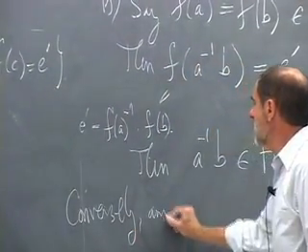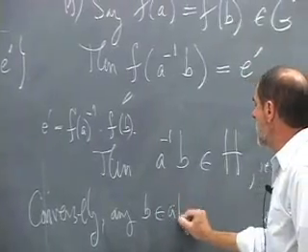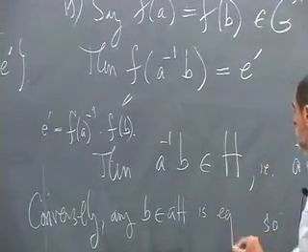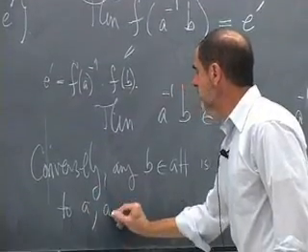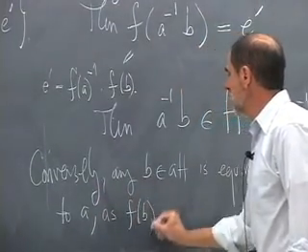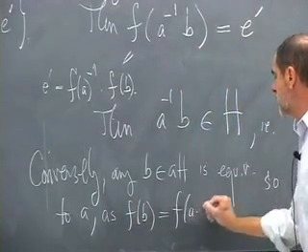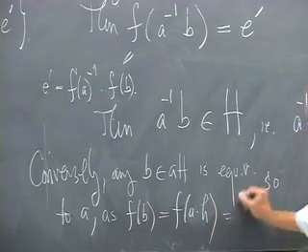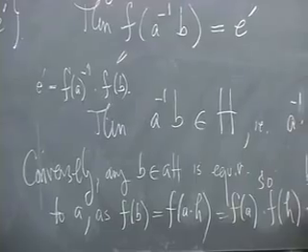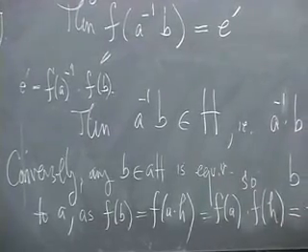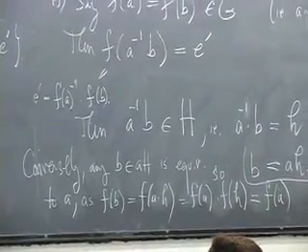Conversely, any b in aH is equivalent to a, as f of b is equal to f of a times f of h for some element h, by the homomorphism property, which is f of a because h was in the kernel.